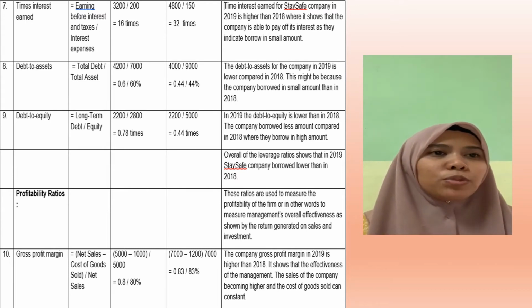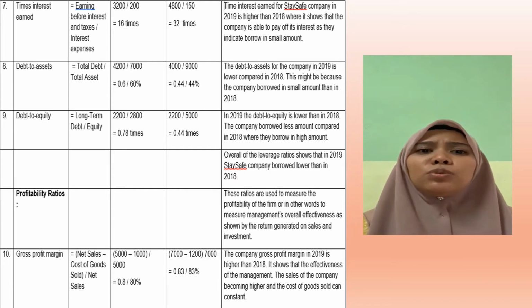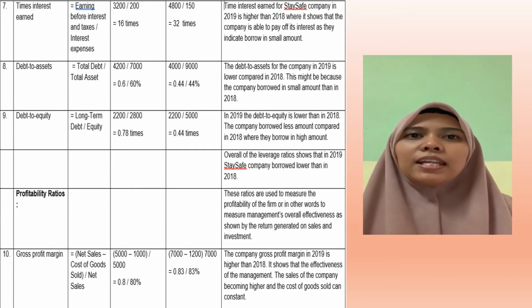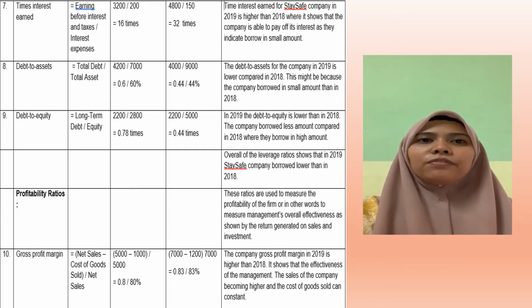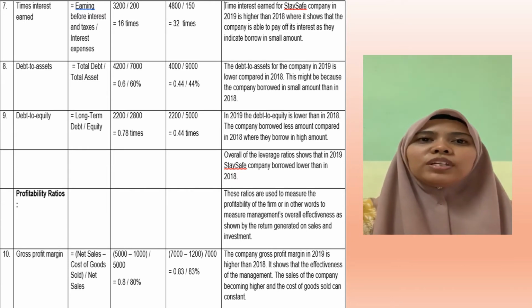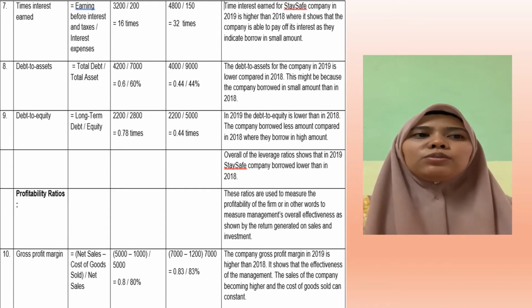Next is debt to asset. Debt to asset in 2018 is 0.6 times compared to 2019, which is 0.44 times. The debt to asset for the company in 2019 is lower compared to 2018. This might be because the company borrowed in small amounts than in 2018.